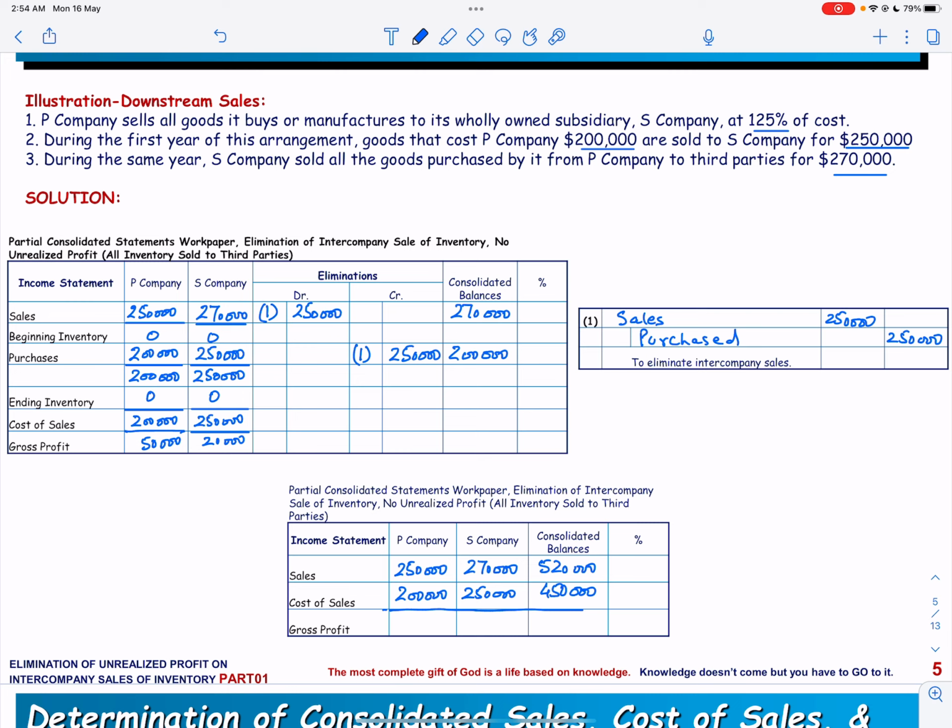The gross profit for P company will be 50,000, for S company it will be 20,000, and the consolidated gross profit will be 70,000. The gross profit when we go for the elimination is also 70,000.